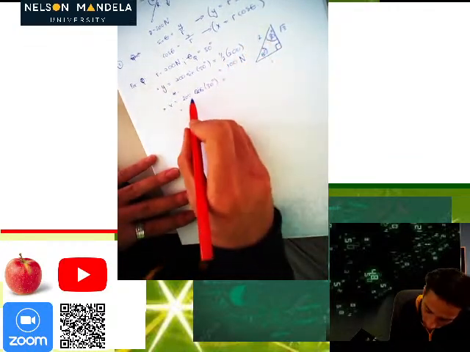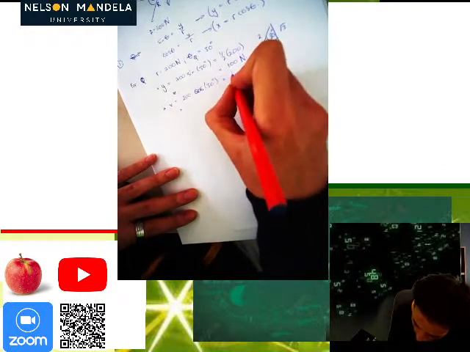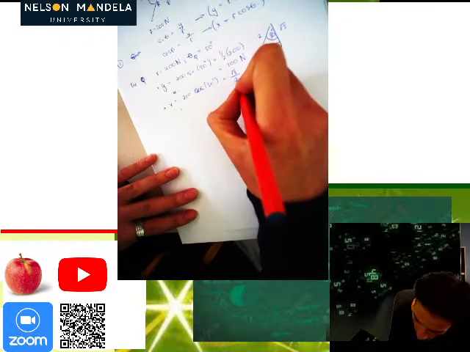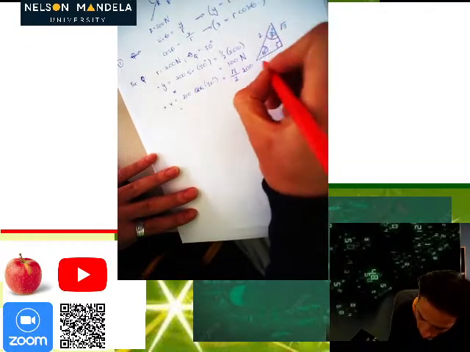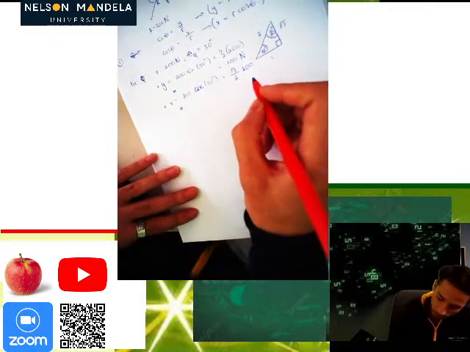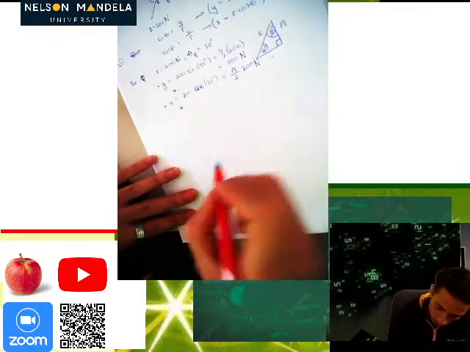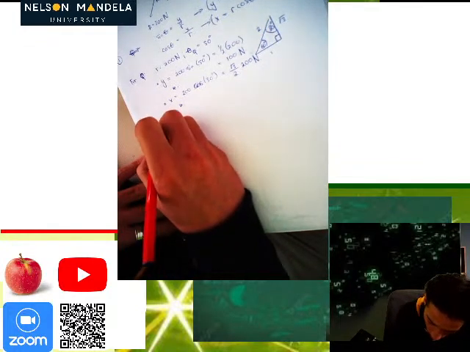We know that cosine 30 degrees is just root 3 over 2 from the special angles, so I'll just leave it in this form. That's in newtons.